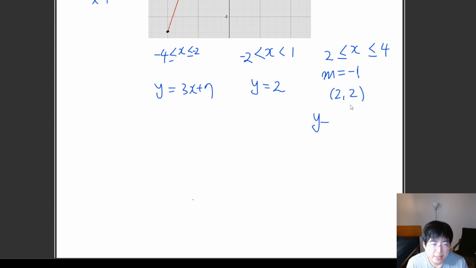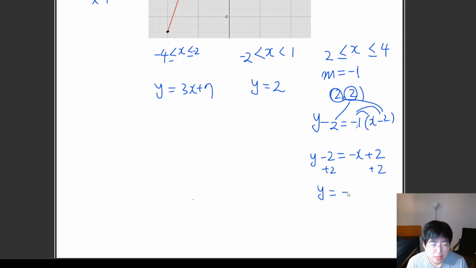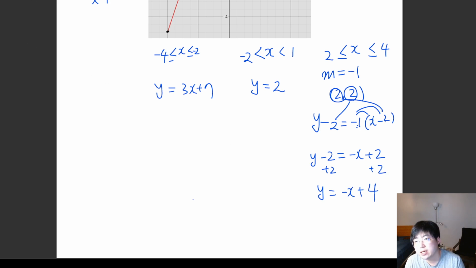So y minus 2 equals slope times x minus 2. So first I do the distribution. Y minus 2 is negative 1 times x, negative 1 times minus 2, plus 2. Now I add 2 to both sides. So y is negative x plus 2 plus 2, 4.